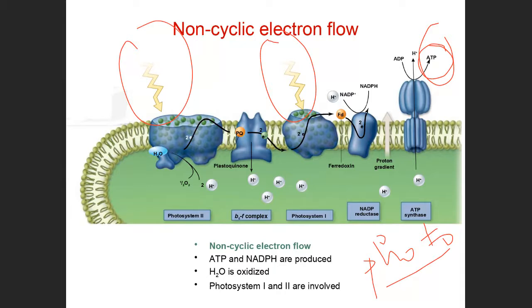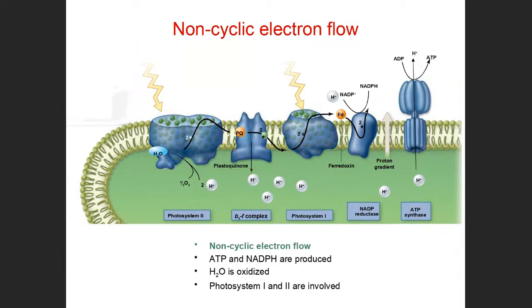So therefore, what happens during my light reactions is a noncyclic electron flow, because it's linear, it's not cyclic. It's going one way, right? I produce ATP, I produce NADPH, all right? And they produce oxygen, they split.